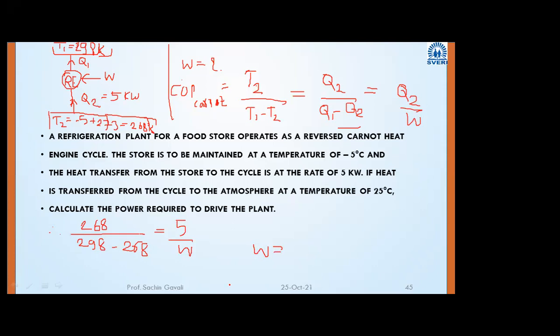So this kind of numericals they ask for 4 to 5 marks. W is coming as anybody? Others, please reply in the chat box. Take calculators with you and write down the numericals in your notebook.